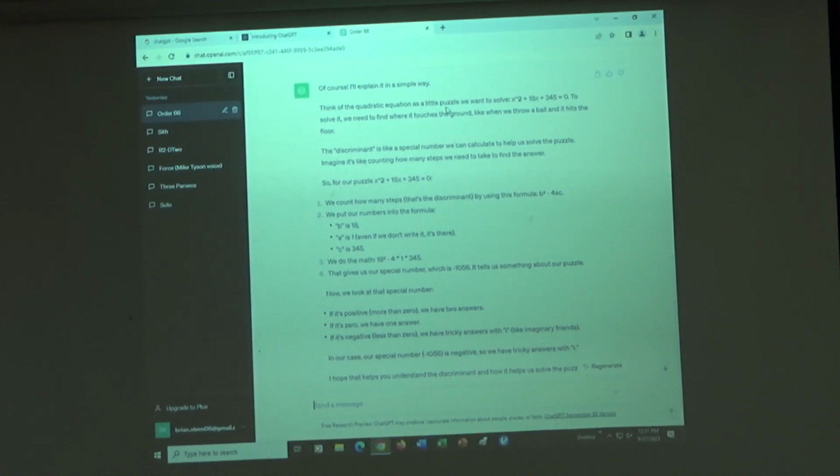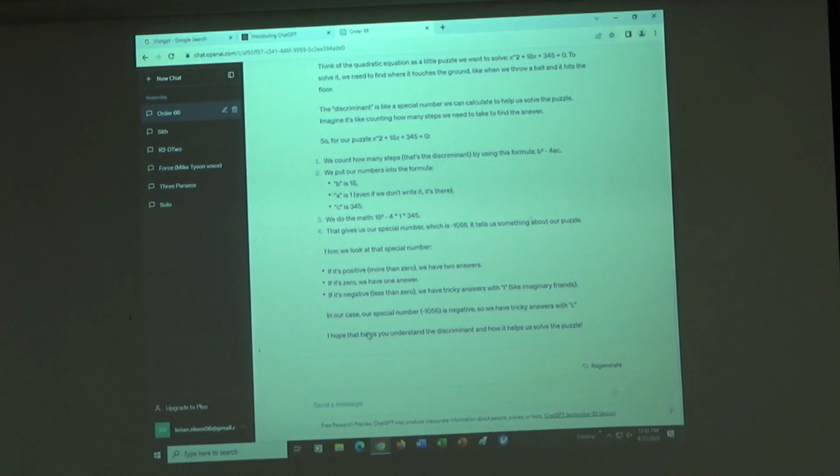Like I said, it explains it like a puzzle. If that helps you understand a little bit better, it can then go through and explain the steps on the discriminant to figure out what your numbers are, and it explains right here, again, that A, B, and C are these. If you have another issue inside of this step, you could even ask it again, like, I'm not sure where you ended up with 18 squared minus 4 times 1 times 345.